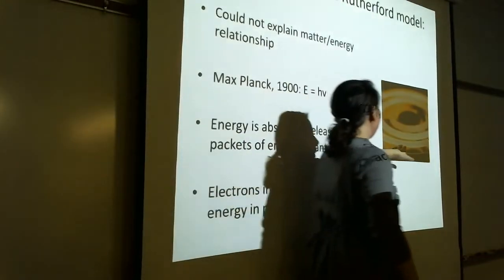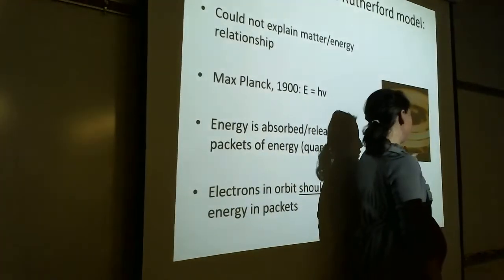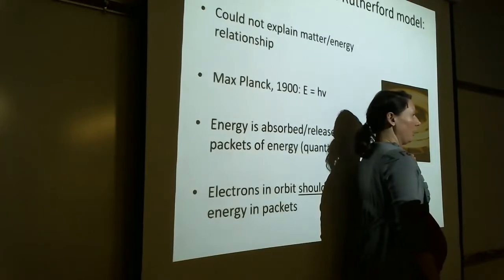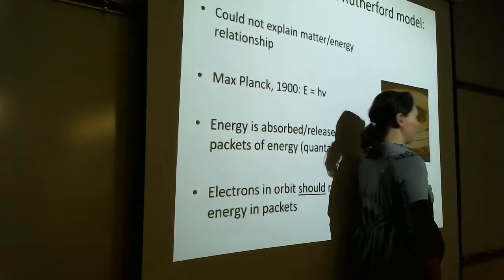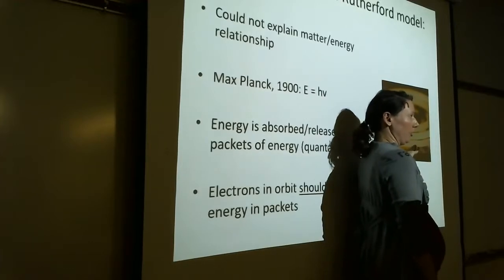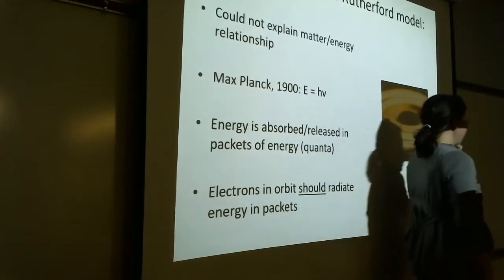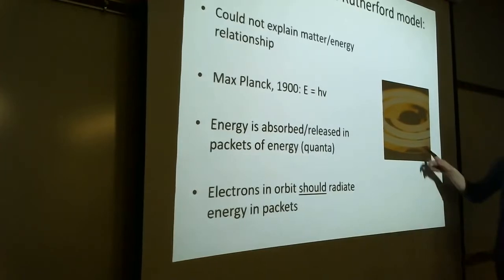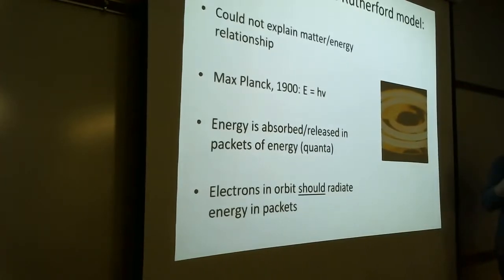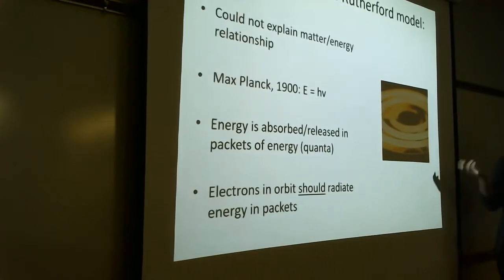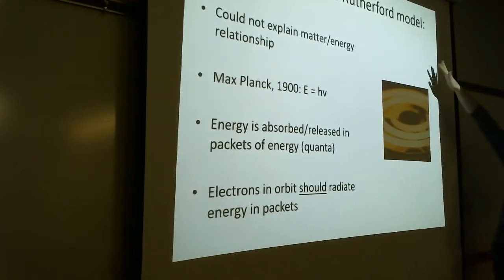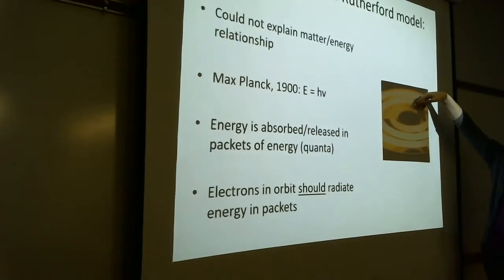One of the things that metals do, for instance, is when you heat them, they turn red. Go home tonight and turn on your stove, it's going to turn red if you turn it on hot, right? That's a unique property of metals. When you heat them, they turn red. Well, if that metal is composed of atoms, then there should be some sort of relationship between matter and energy, yes? But Rutherford's model didn't take energy into consideration.